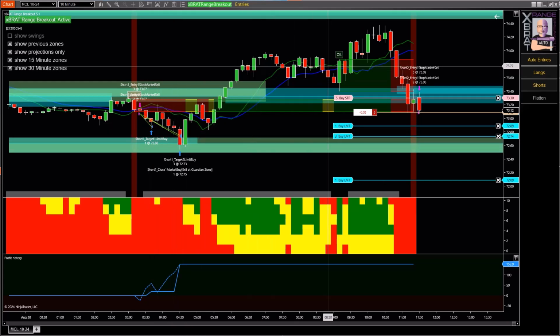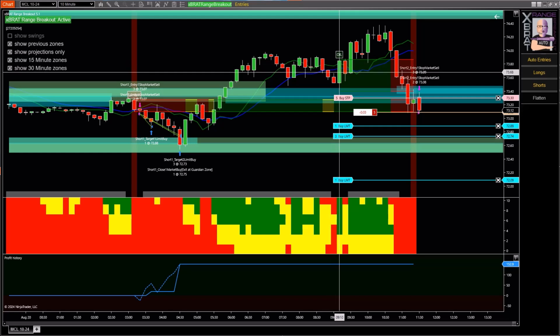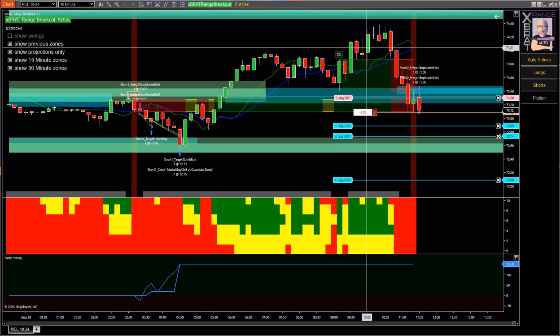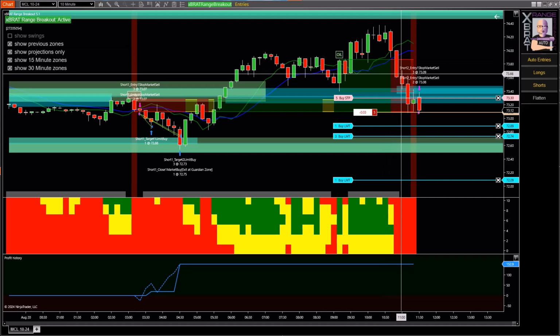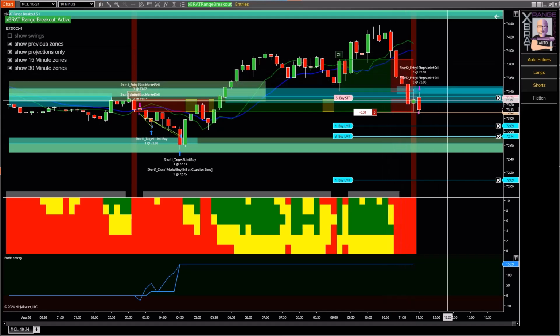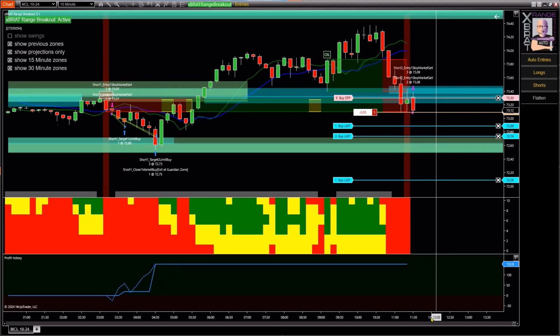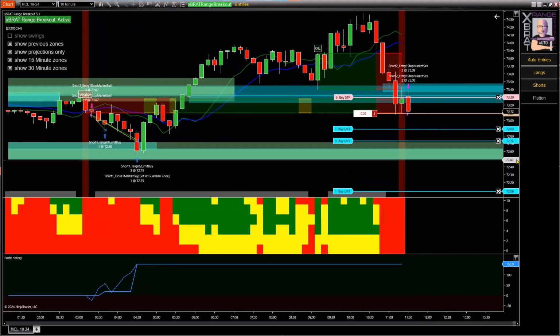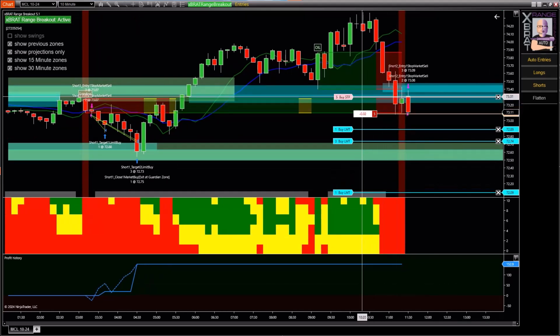So what's happened now is we've had the oil pit open for the US. It's moved up. It's come back down. It's pushed through this support and resistance zone, and this previous London opening range, it's seen that as an opportunity to trade short. It's a very, very tight stop above the London range.